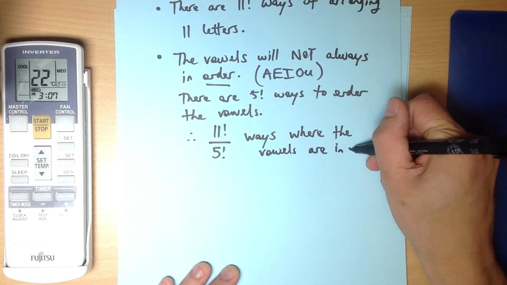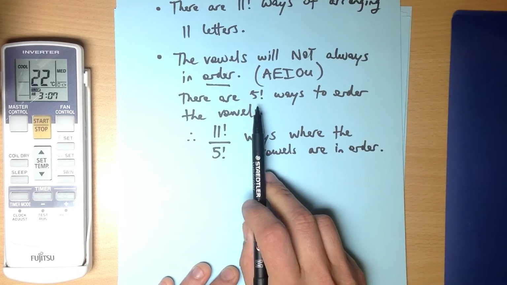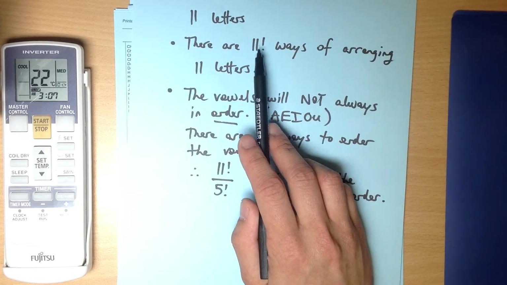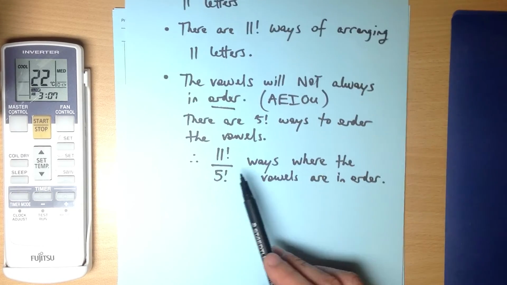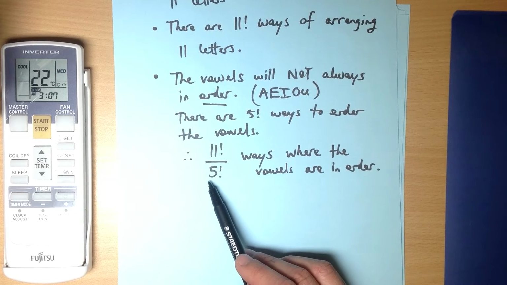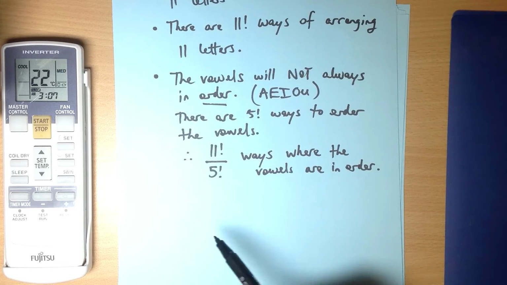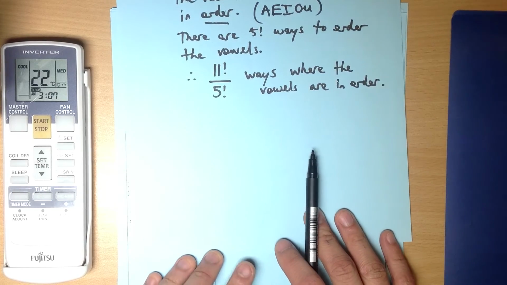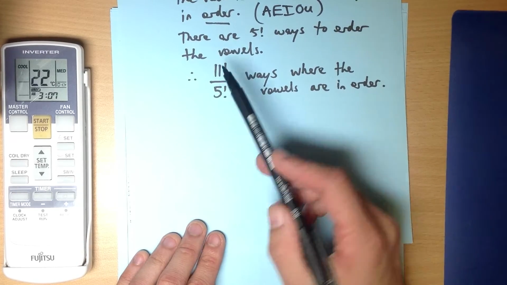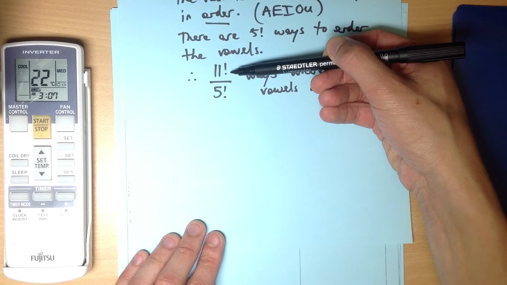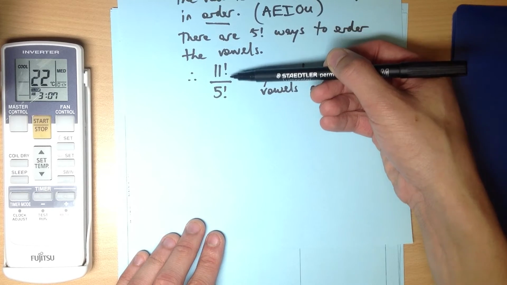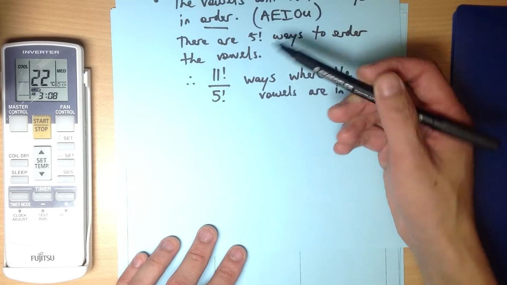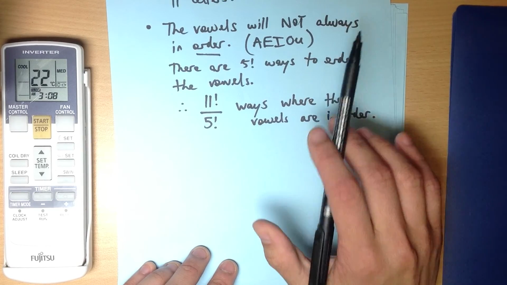Can you see how, because I've overcounted in my original calculation, to compensate, I divide? That divides me down by a factor of 5 factorial. So far this is an 11 letter word, and I've narrowed down that I only want the ones where the A, E, I, O, and U are in order.